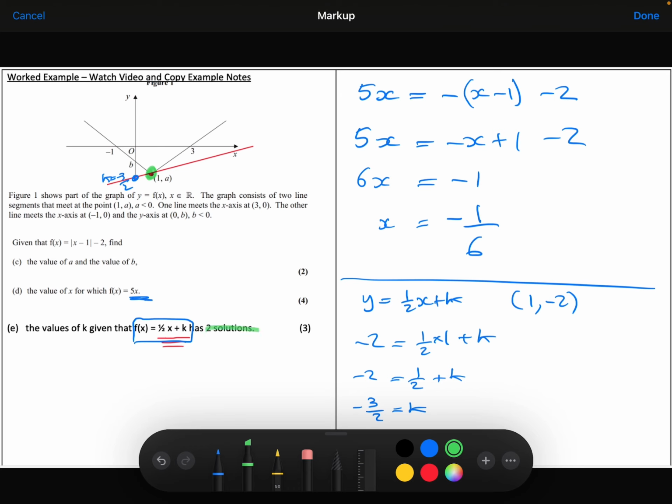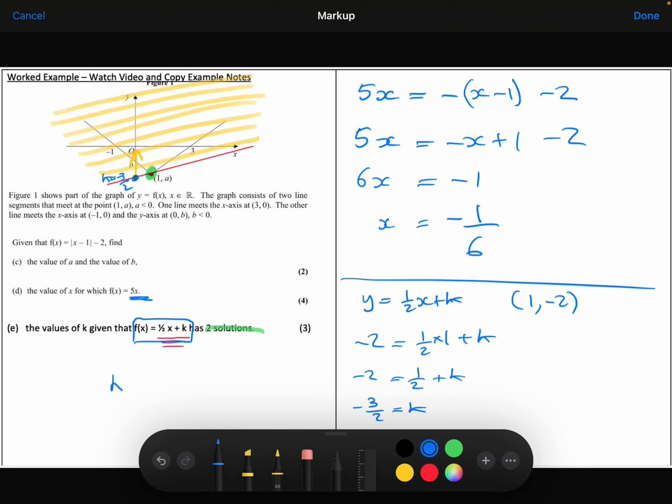We want two solutions. So as long as k is bigger than minus 3 over 2, as long as I am looking above this y-intercept here, then the line would either be like this, or like this, or like this. There would definitely be two solutions.